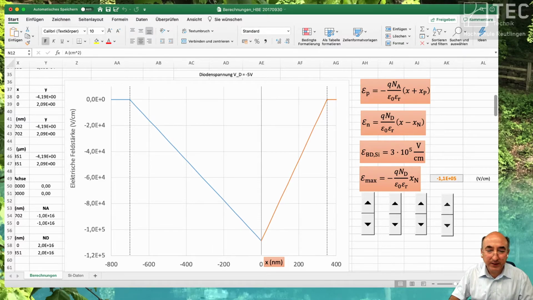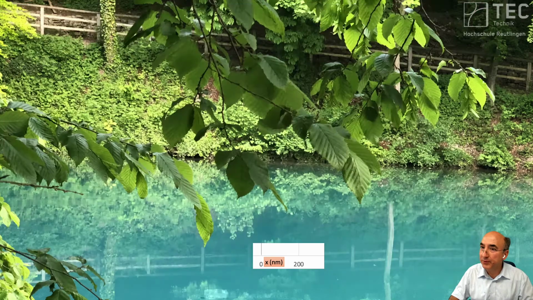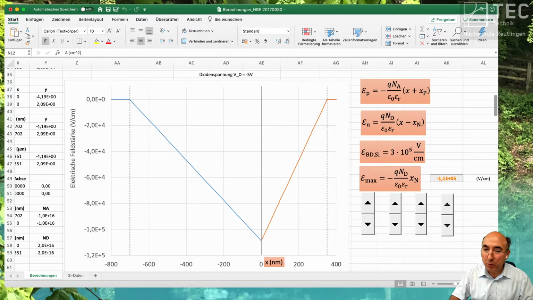The electric field at the space charge boundary is now 1.1 times 10 to the power of 5. Remember, the critical electric field in silicon for breakdown is now not very far away, 3 times 10 to the power of 5.